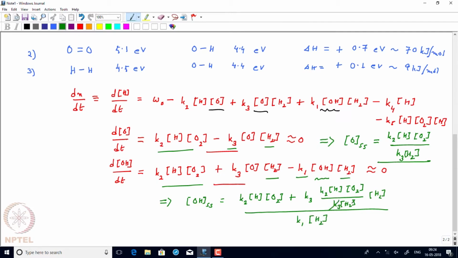This K3H2 gets cancelled out. So what will we be left with after some simplification? You can easily see that K2H and O2 will be twice K2HO2 divided by K1 into H2.